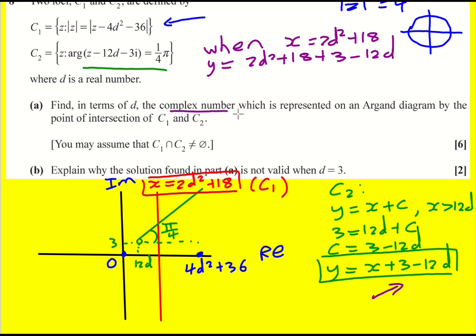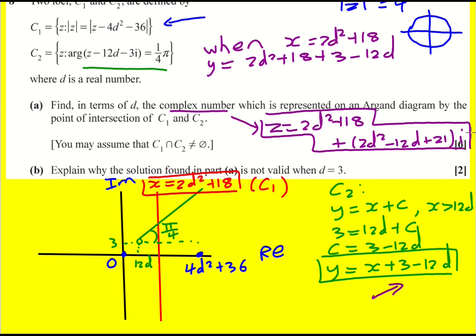And therefore the complex number that I want is going to be z equals 2d squared plus 18 plus the imaginary component 2d squared minus 12d plus 21, I. Don't forget about the i.